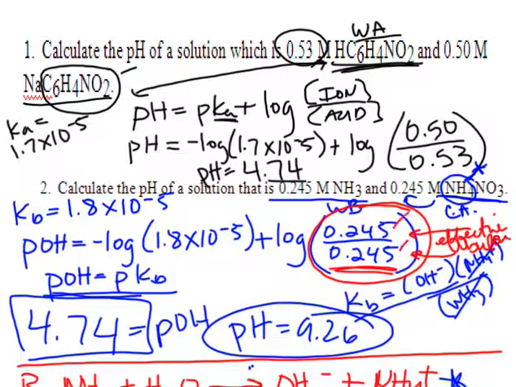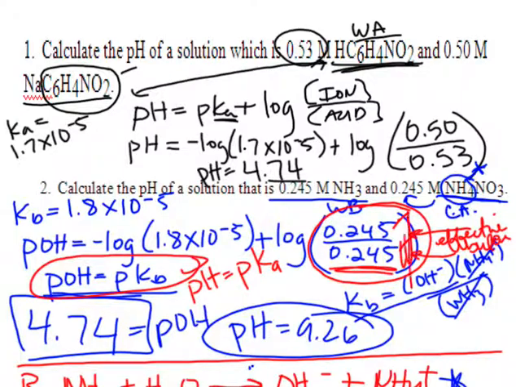We say a buffer that has the same concentration of acid and conjugate base or base and conjugate acid is effective. And so we also then say, in an effective buffer, pOH is equal to pKb or pH is equal to pKa, because the concentrations of those are the same. That's just a term you'll hear throughout. People say, what would an effective buffer have? They're talking about this being the same.